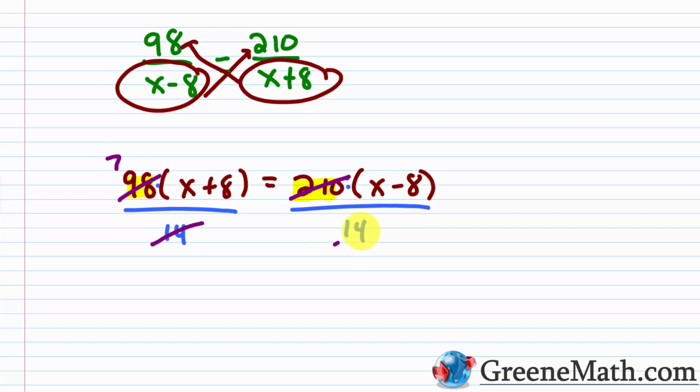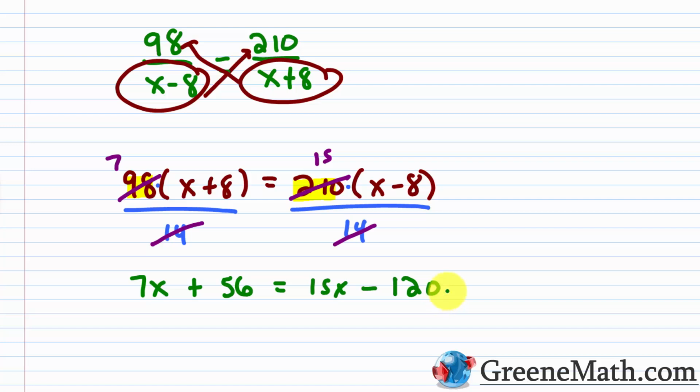Then 210 divided by 14 is going to give me 15. Now I have smaller numbers to work with, so it's just going to make my life a lot easier. So 7 times x is 7x, and then plus 7 times 8 is 56. This equals 15 times x is 15x, and then minus 15 times 8 is 120.